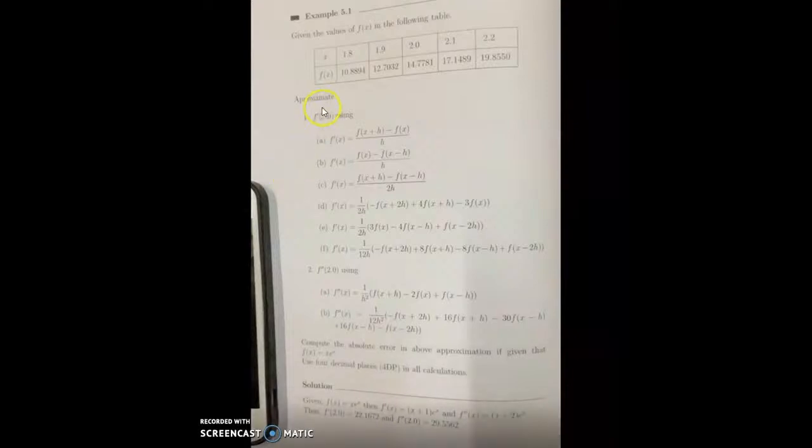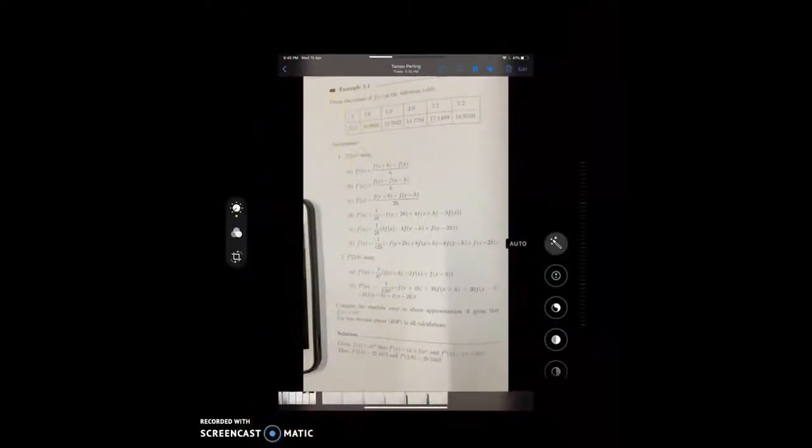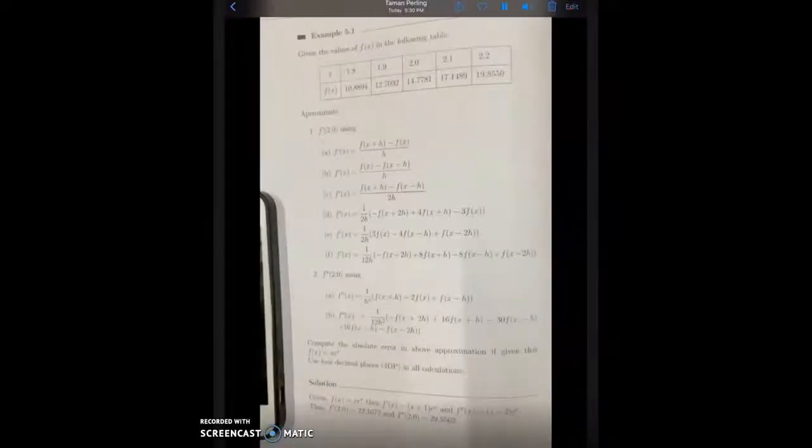Let's go to the first example. Where is 2.0? That one you put i, forward you put i plus 1, backward you put i minus 1. To get f(x plus 1) it is 17.1489.